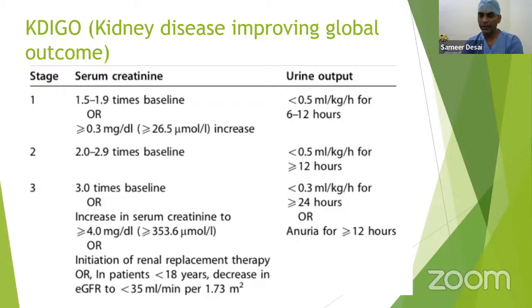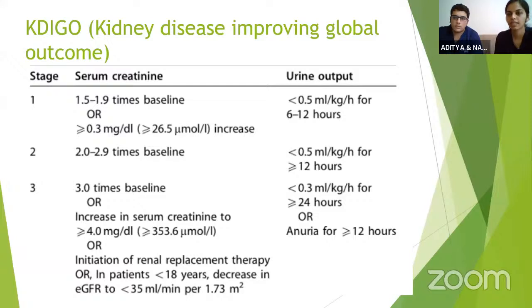Can you roughly tell me how to calculate GFR with a serum creatinine value? Yes, sir. The formula is 140 minus age, into weight of the patient, divided by 72 into serum creatinine, sir, for males, and for females we have to multiply it with 0.85. There are many formulas, but this one is fairly commonly used.